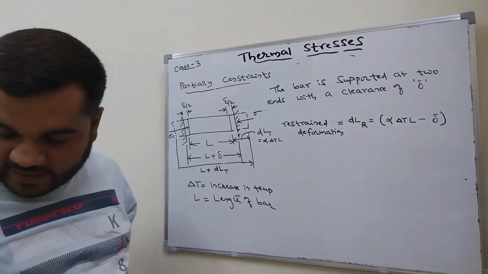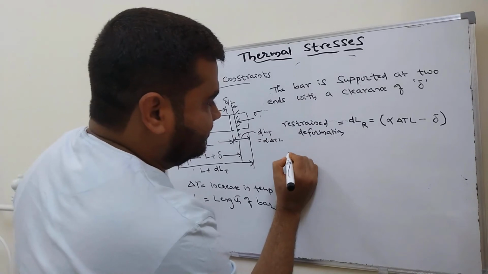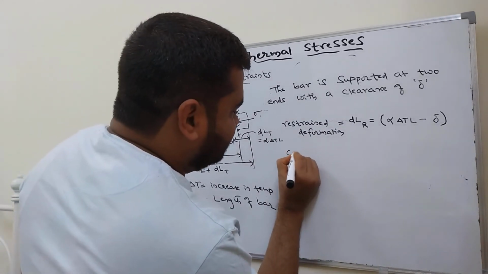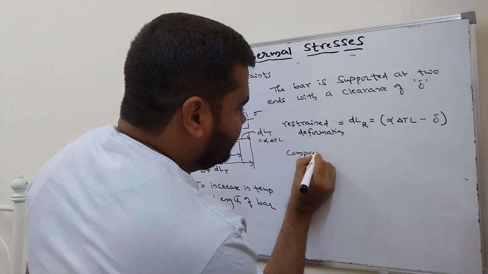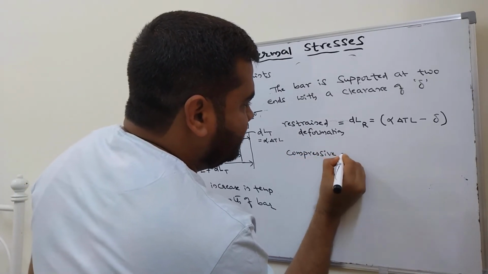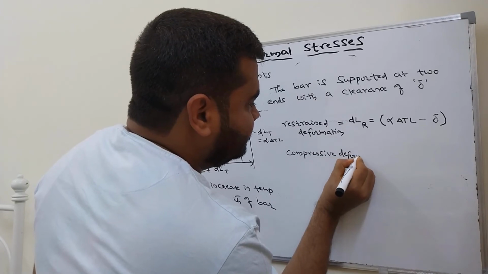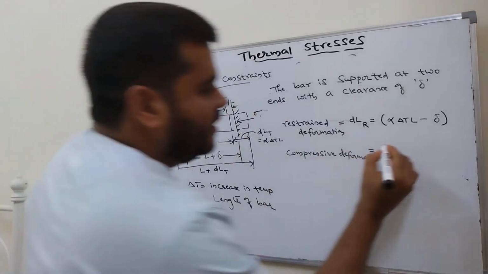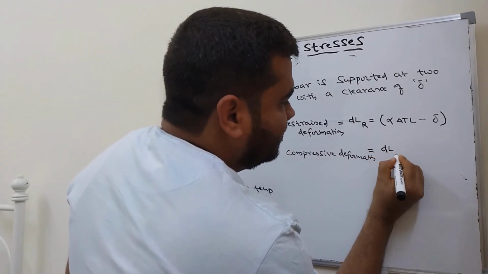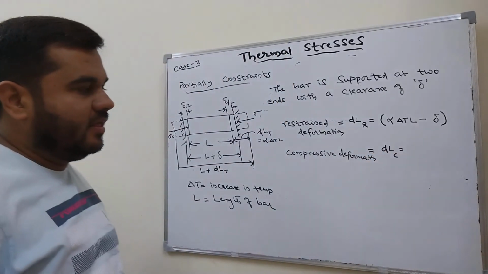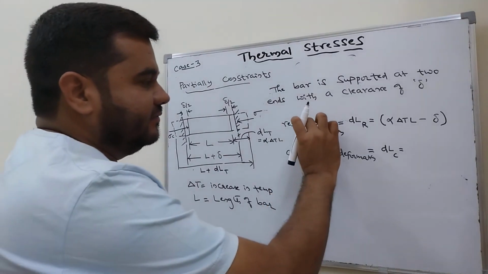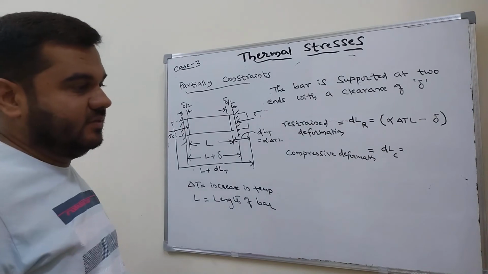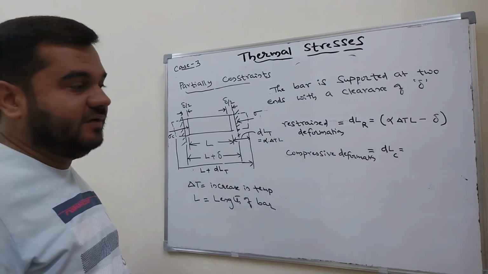Next we get the restraint deformation, that is the compressive deformation. This will be equal to the deformation due to compression, because this much is already restrained, but due to it you want the opposite compression deformation.